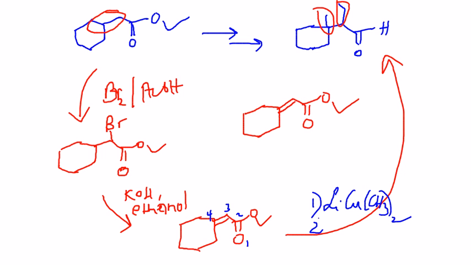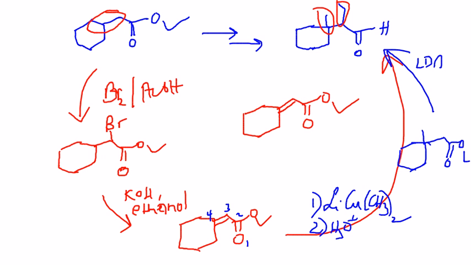And follow it with hydrolysis. So that's going to give me a methyl, and then we are going to treat it with LDA, because LDA removes alpha hydrogen, so it will generate a negative charge right here, and treat that with methyl iodide.